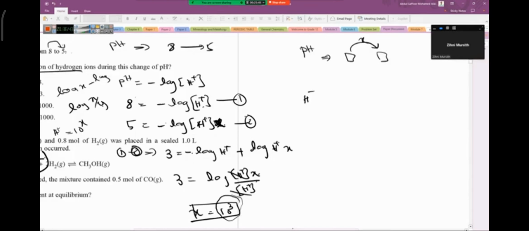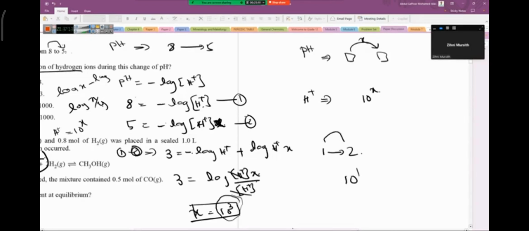So the H plus concentration will change by the factor of 10 power x, whatever the factor we are changing the pH by, right? For example, if I change the pH from 1 to 2, the difference is 2 minus 1, that is 1. So the H plus concentration will change by 10 power 1.